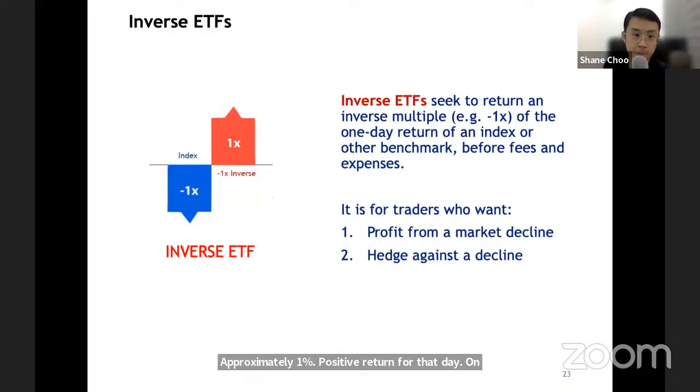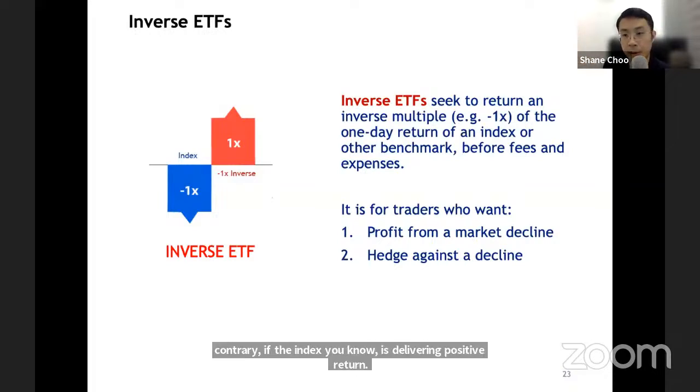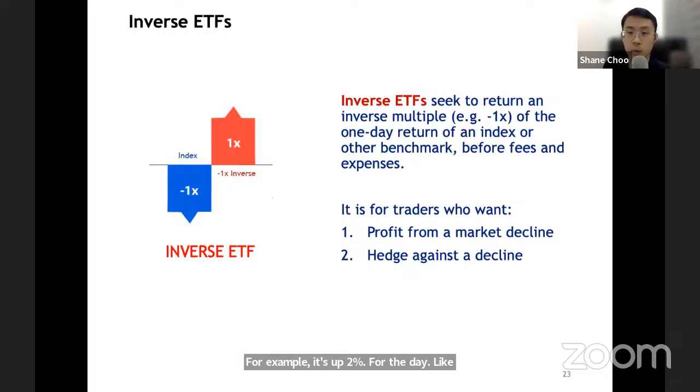On the contrary, if the index delivers a positive return, for example up 2% for the day, likewise the inverse ETF will deliver negative 2% for that day. So it is the other way around. If you are bearish about the market, you can consider an inverse ETF.